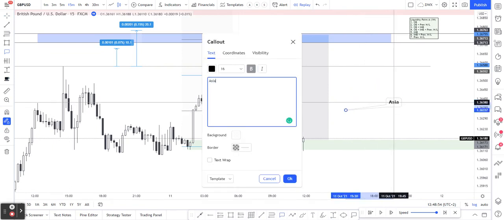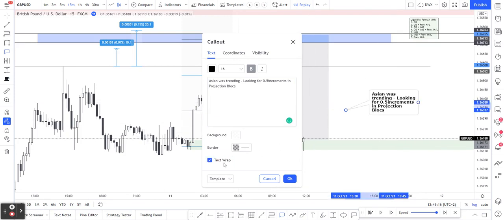So the Asian session was trending, so looking for 0.5 increments in projection blocks. Then we also have the liquidity zone.